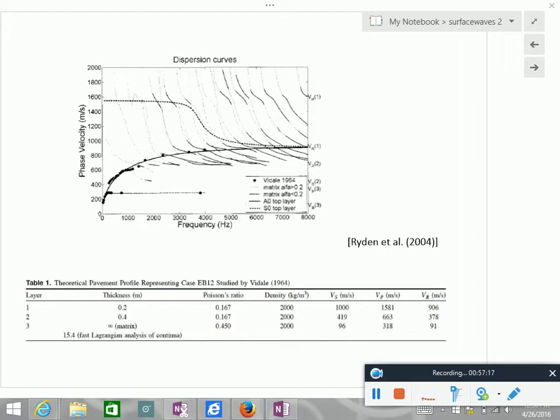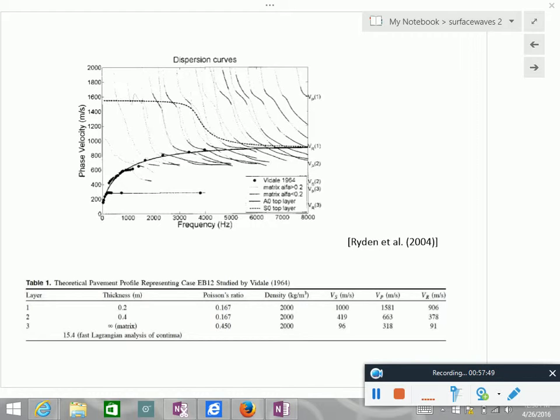So we see VR2, and then you see that some of the higher modes converge to the p-wave velocity of the first layer at higher frequencies. And of course, at lower frequencies, they converge to the p-wave velocity of the second layer, etc. So all the information about all the layers is somewhat included in this dispersion plane.